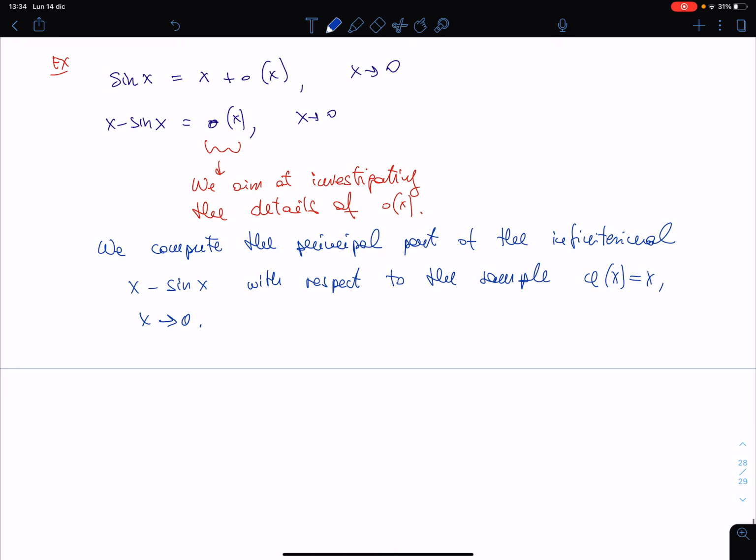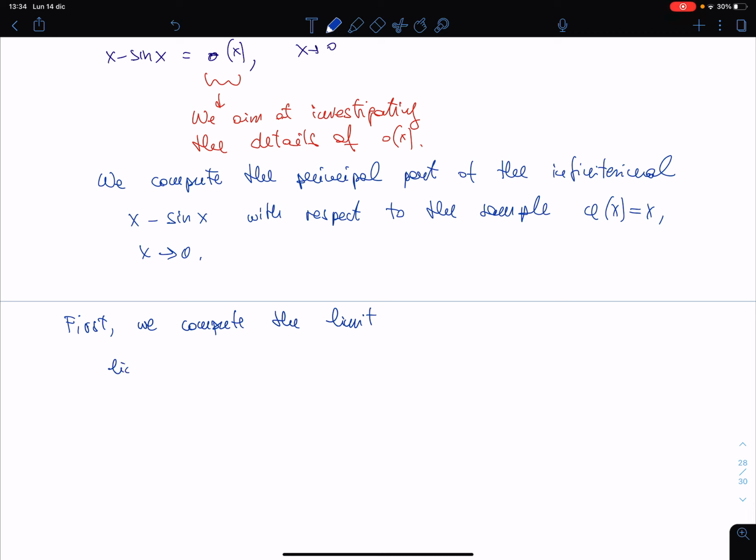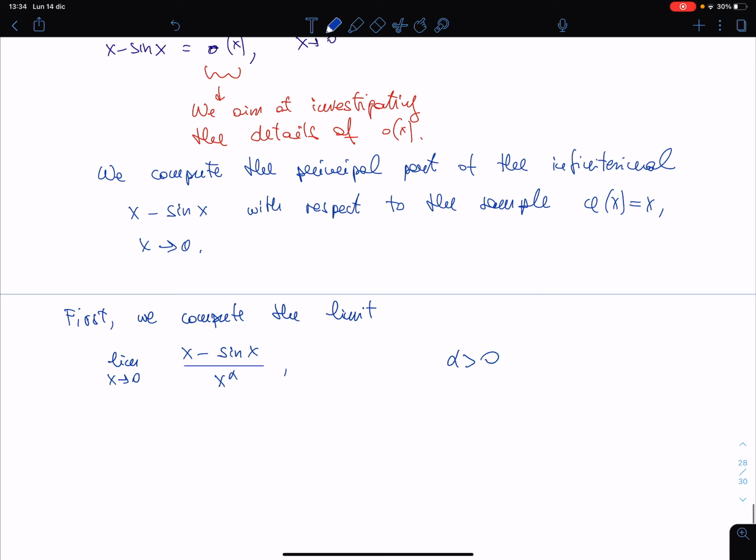In order to do that, we proceed in the usual way. So first we compute the limit for x going to 0 of x minus sine of x divided by x to the power alpha, for alpha larger than 0. Okay? Now, with usual techniques, we know that basically we are not able to do that.